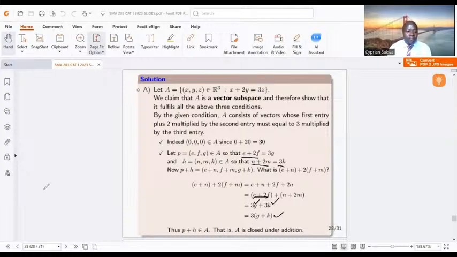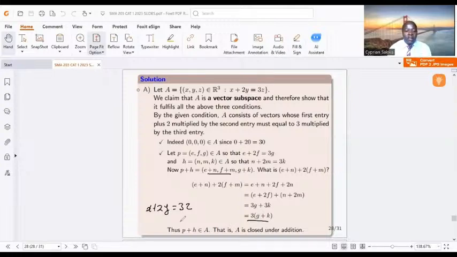So we have just shown that if we picked these 2 elements and added the first element plus twice the second element, the result will be thrice the third element. That's what we've shown.